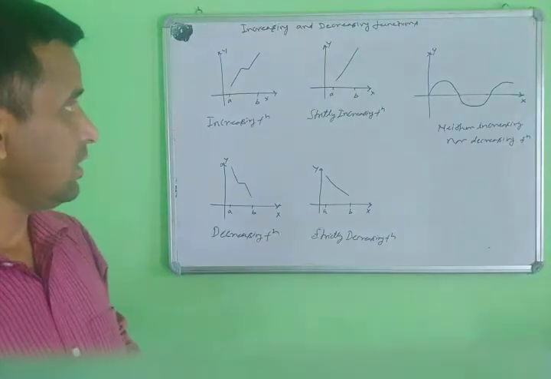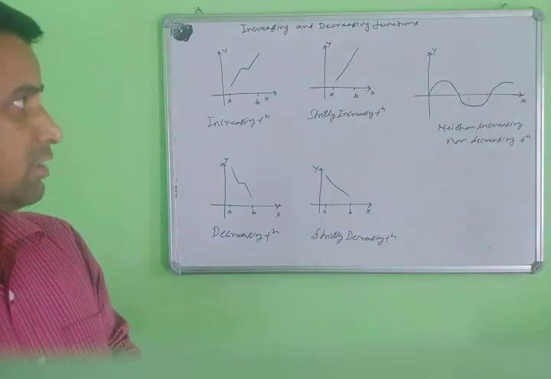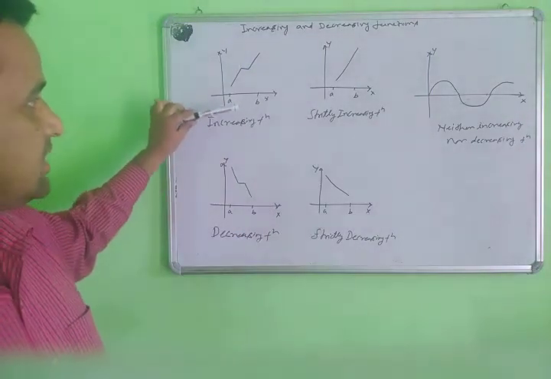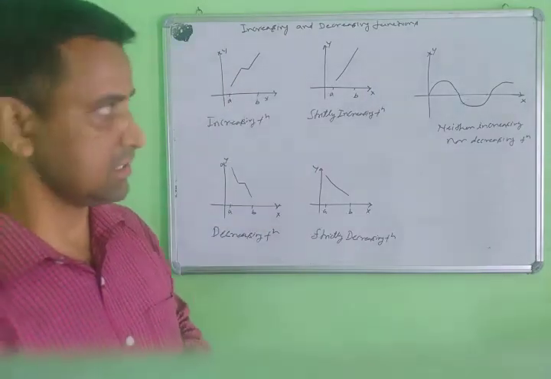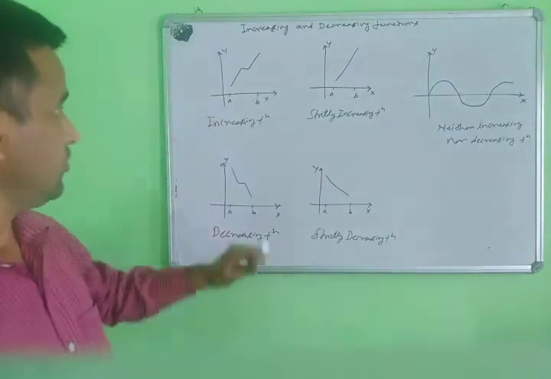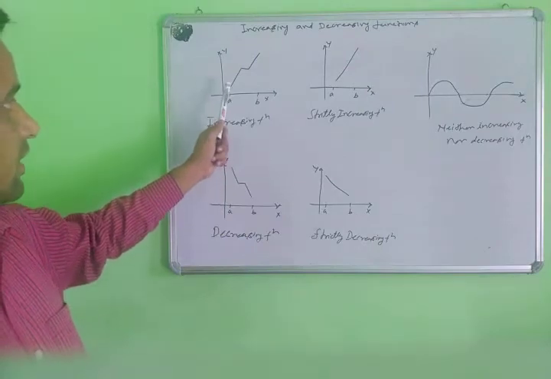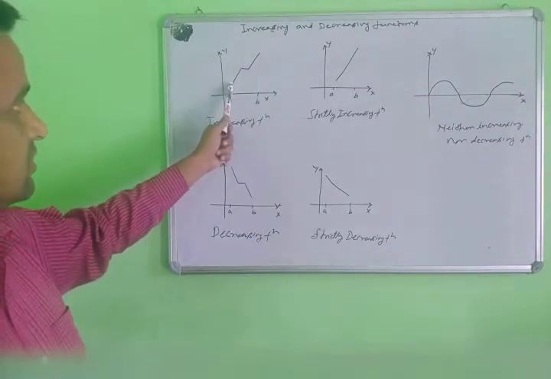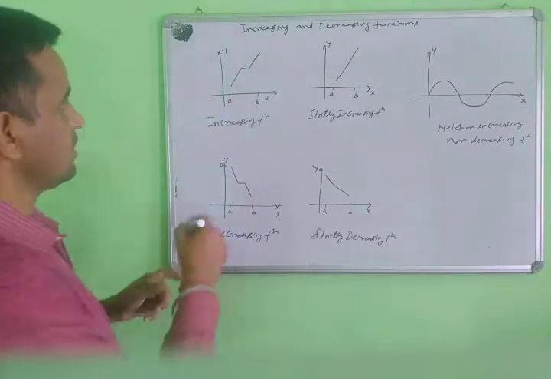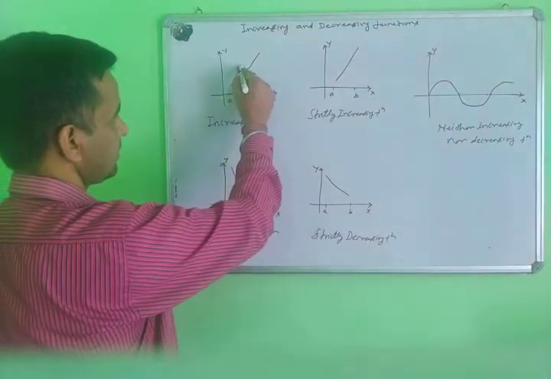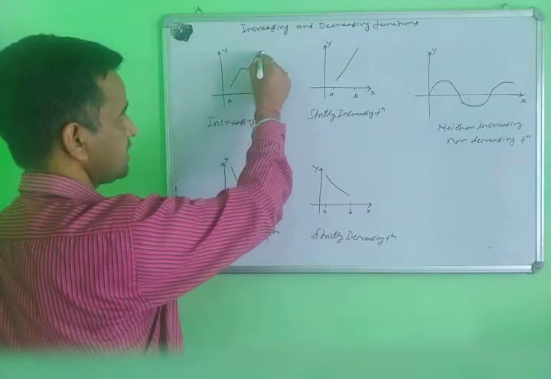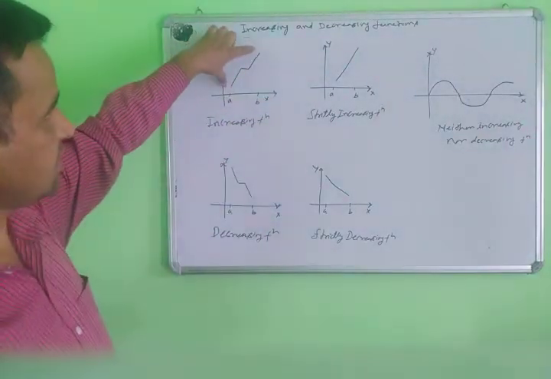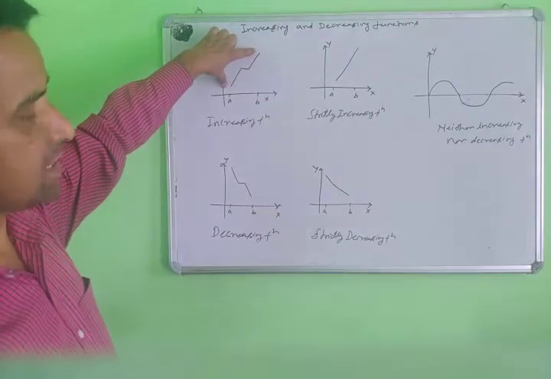Yes, students. The geometrical concept is clear, but what is the geometrical concept of strictly increasing and strictly decreasing? Now look here. First of all, on this x-axis and y-axis, this function is an increasing function, because it increases from here, then goes linear, then again increases. So the total function is increasing. At no point does it decrease.